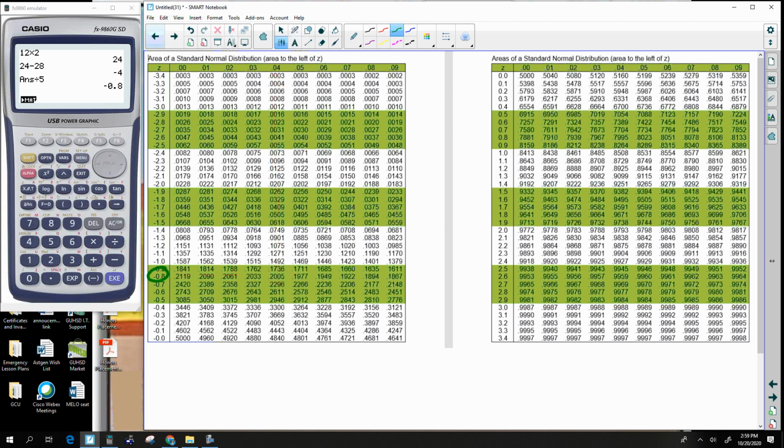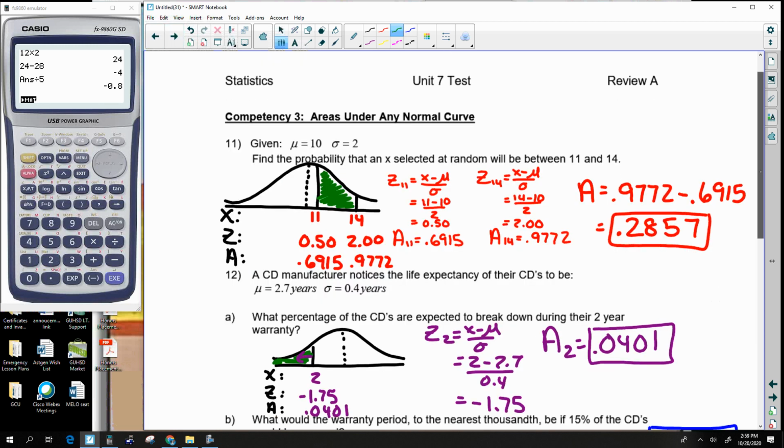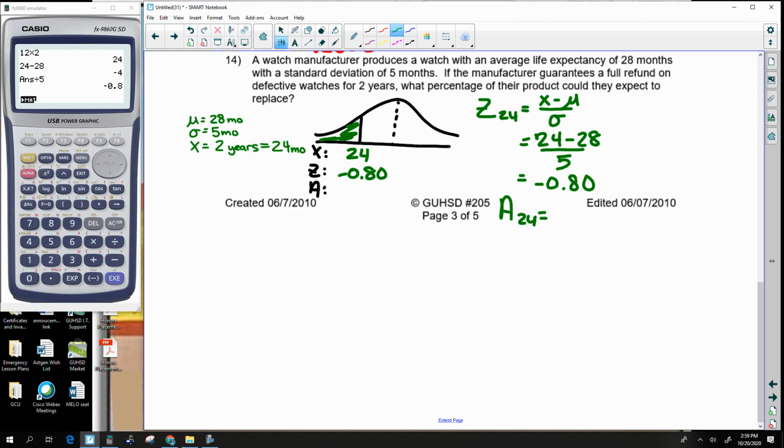So negative 0.80 is 0.2119. That is the area to the left. That is exactly what I want. That is the answer to the question.